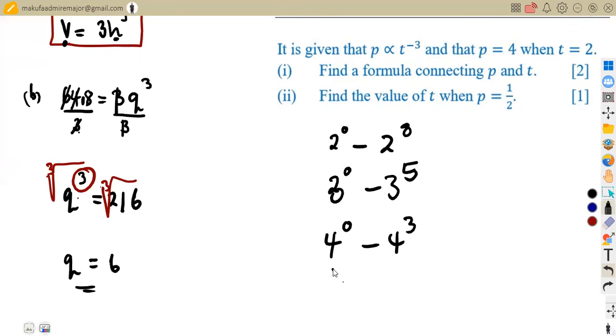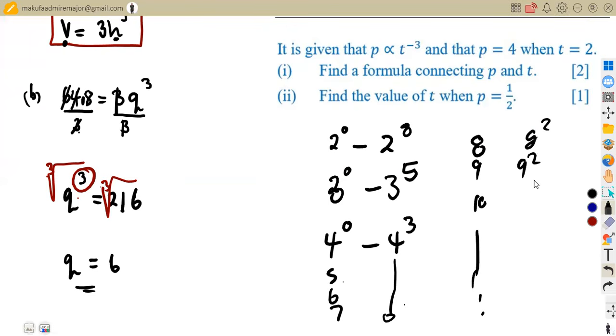This one from 4, 5, 6, 7, know these ones up to the exponent of 3. From 8, 9, 10, and so on, at least know their squares. 8 squared, 9 squared, 10 squared, 11 squared, 12 squared. It helps you a lot in exams.